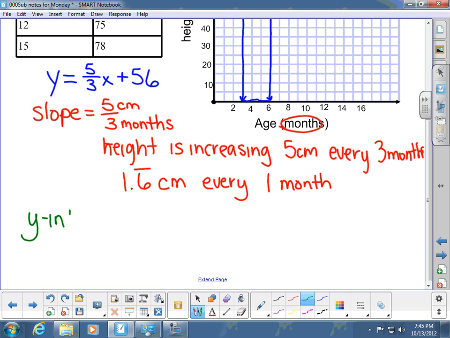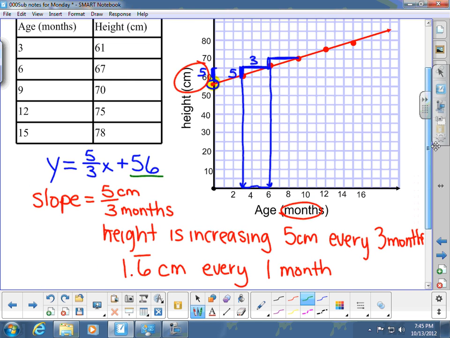The y-intercept. The y-intercept is 56. And if we look at what that represents in terms of the graph and the situation, the 56 was right here. It was 56 centimeters at 0 months.